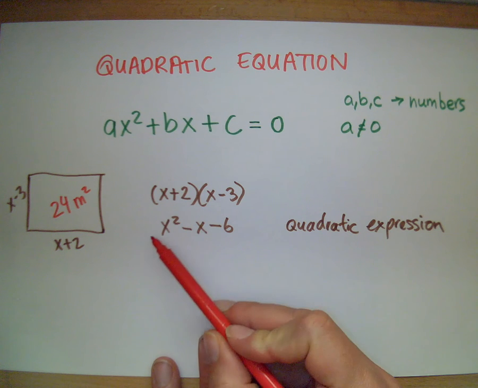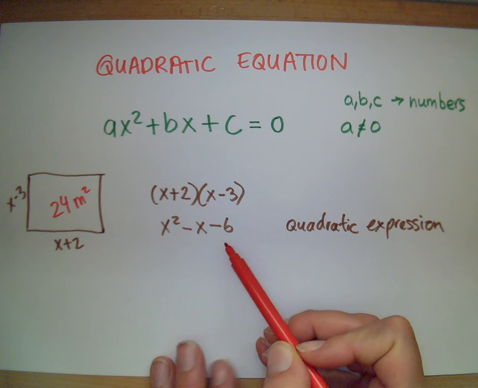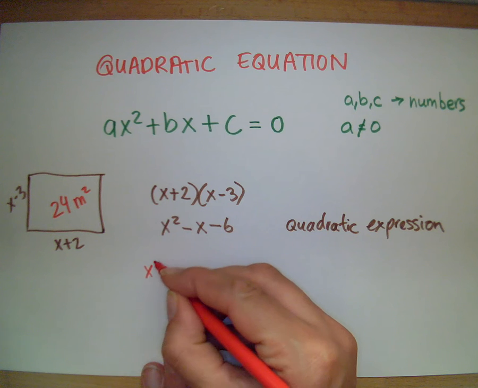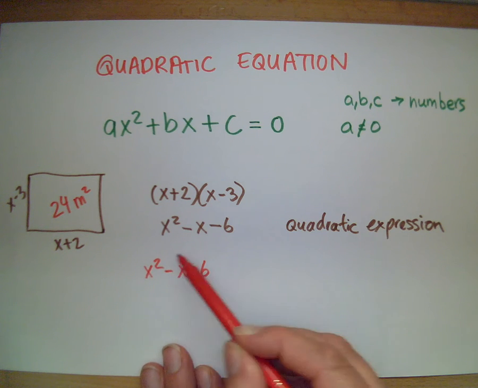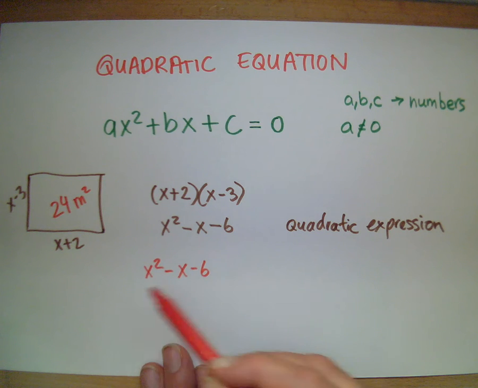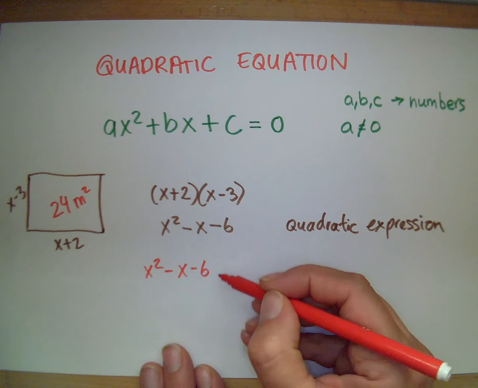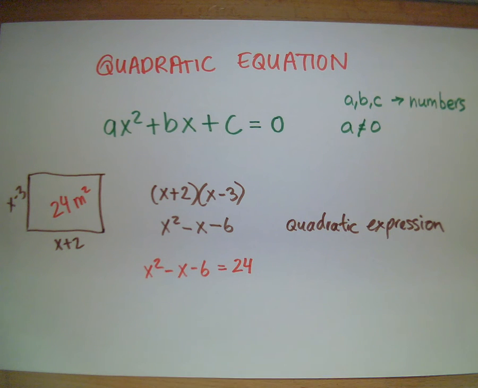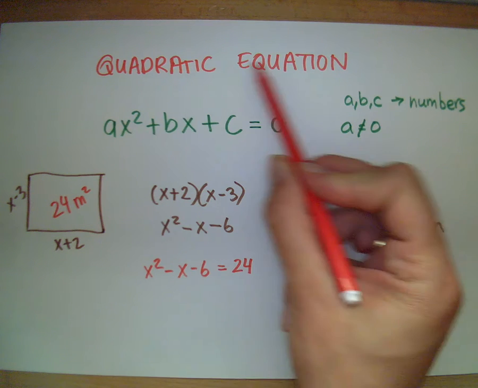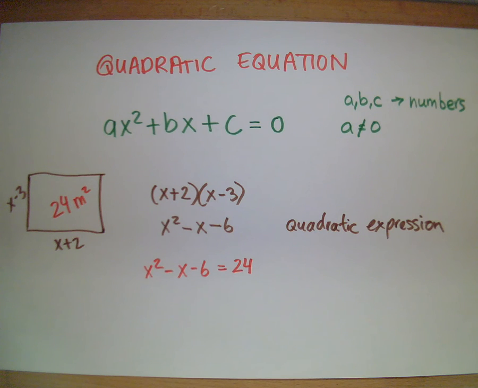We're now saying we want this to equal 24. So can I just write that here? I want this quadratic expression for the area of this field to be equal to 24. Yeah? We have an equal sign. We've set it equal to a number. We now have a quadratic equation.